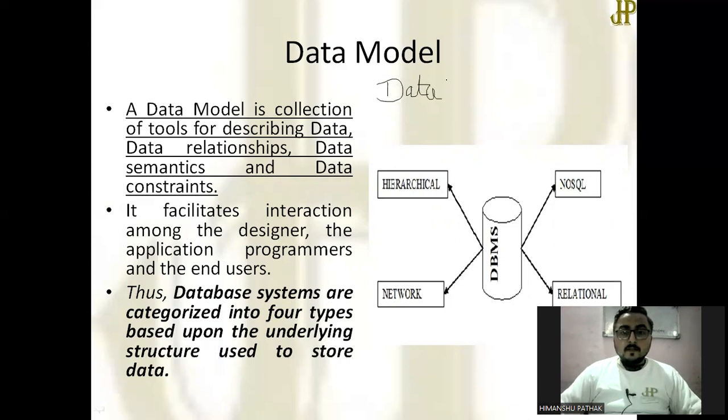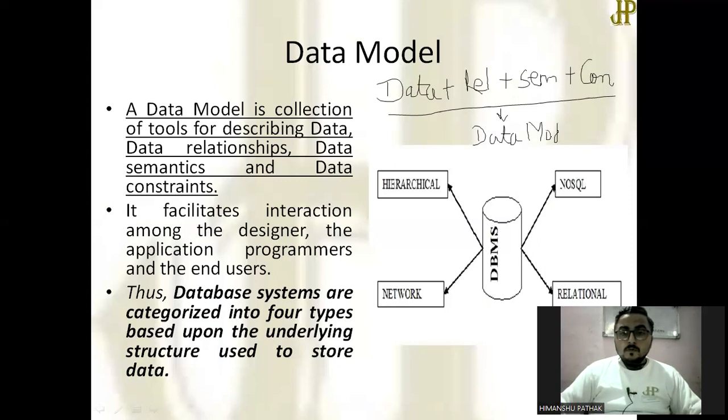After that, whatever the relationship between these data, and then what are the semantics? Semantic means the meaning of that data. And at last, any constraint that is applied on that data. All these four make data models. Okay? Clear?